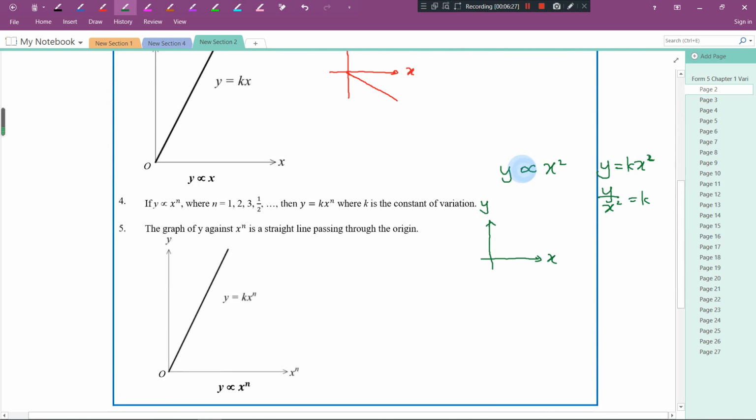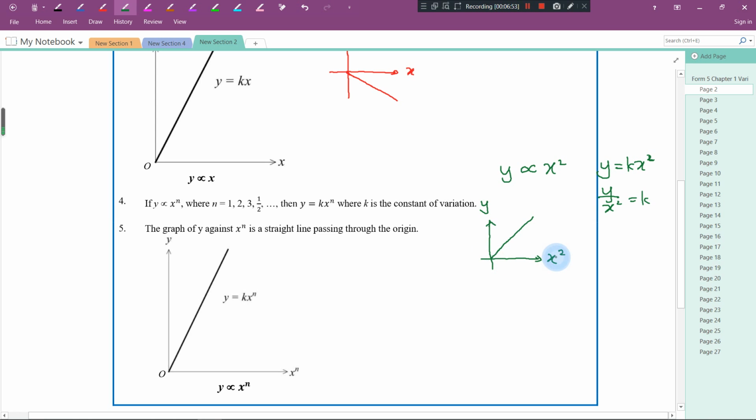In this case, y does not vary directly as x, but x squared. That's why if you draw a graph of y against x for this situation, you will not get a straight line. If I change it to y against x squared, yes, I will get a straight line, and k is the gradient of this straight line.